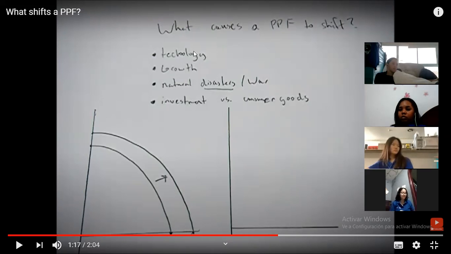So it means because of the technology or maybe the education, they could make, let's give an example, 20 more. They go from 100 to 120, for instance. That's an example. It means that it grows, and we have to shift this curve from these limits or this border to this border because of these factors.